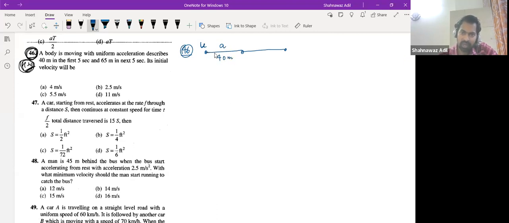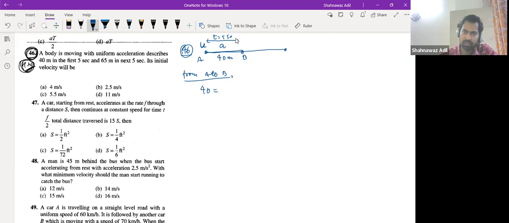So let us write the equation for A to B. Okay. So from A to B, our distance would be how much? And the time is 5 seconds, guys.